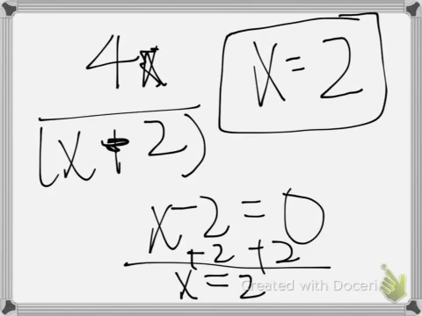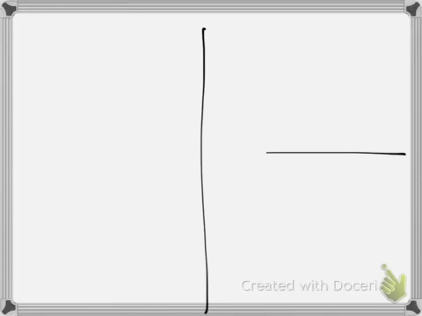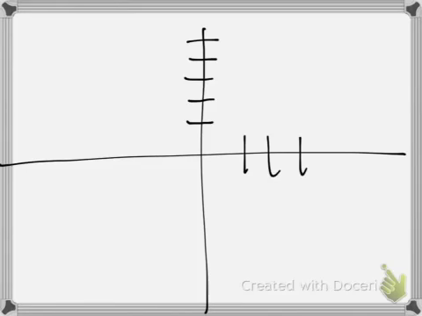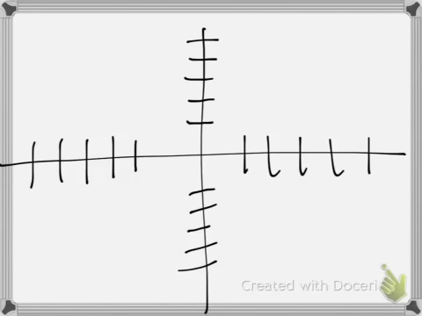Now that's not all, because now we have to graph. So to graph it, you'll just draw a little graph. Okay, so we know that we have y equals 0 as our horizontal asymptote, and x equals 2 as our vertical asymptote.